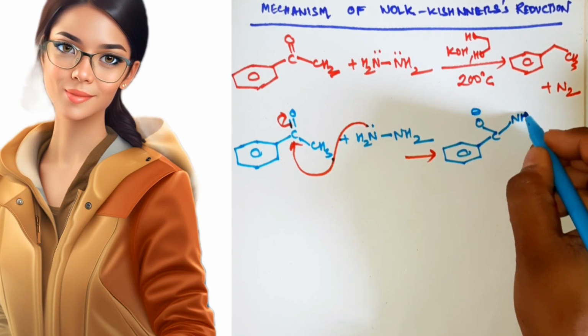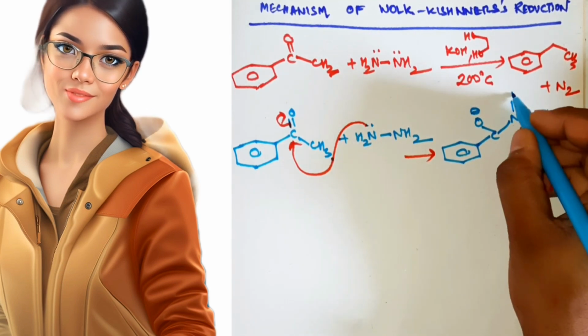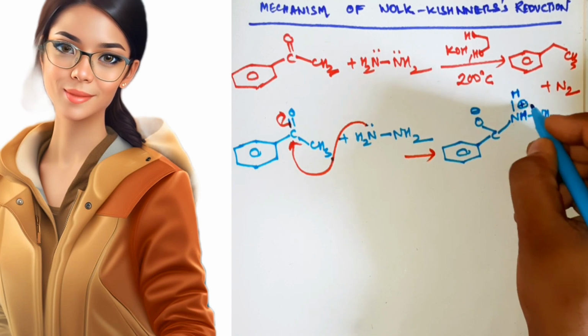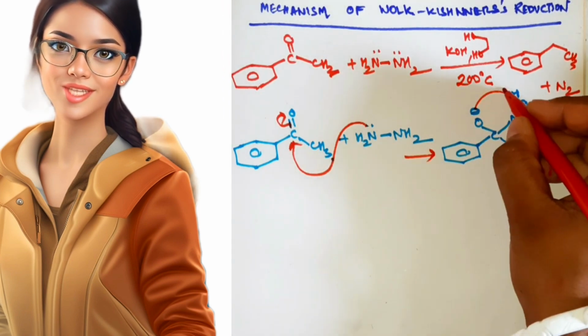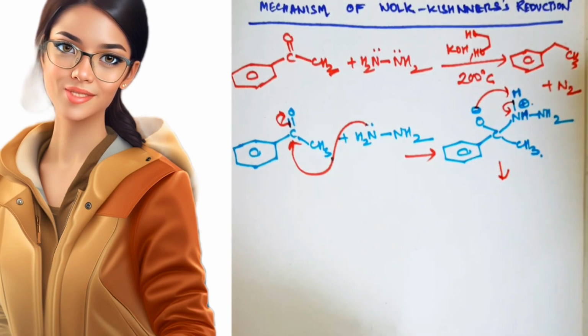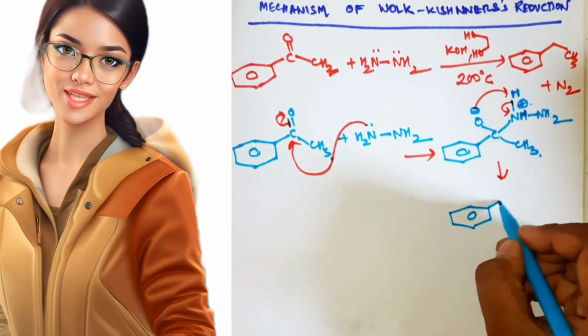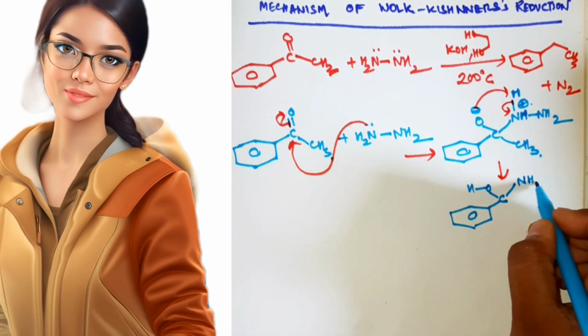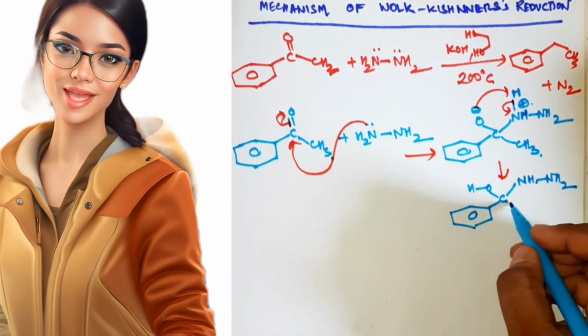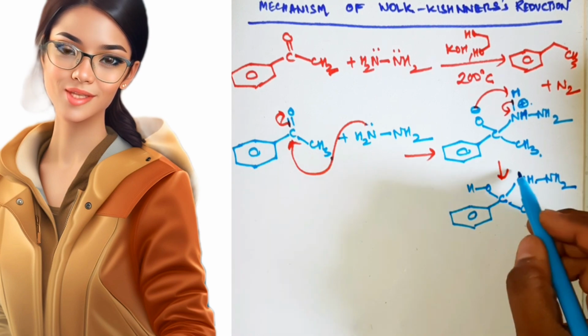The nitrogen lone pair attacks the carbon, and this is the intermediate molecule which is formed. Now this oxygen will take up the hydrogen from the nearest nitrogen, and it will form OH and then NH and NH2, and there is a CH3 group added to it.